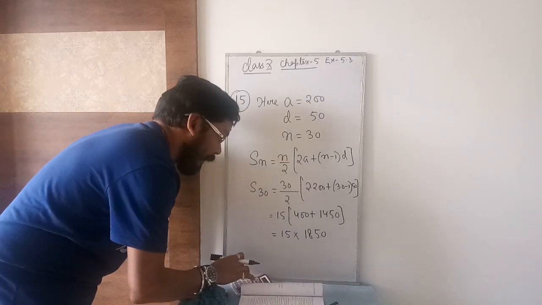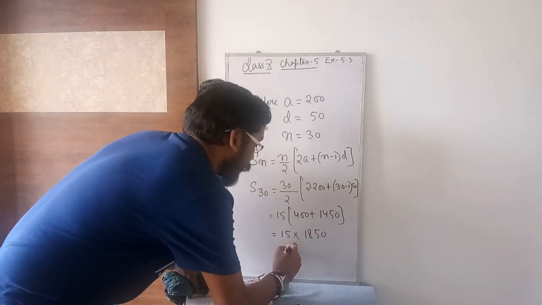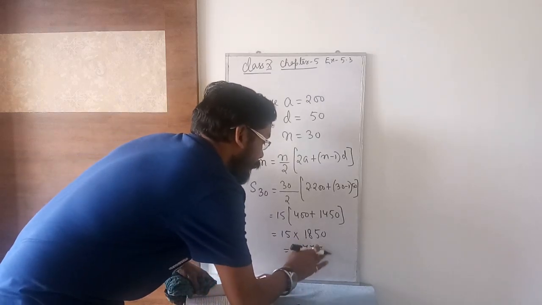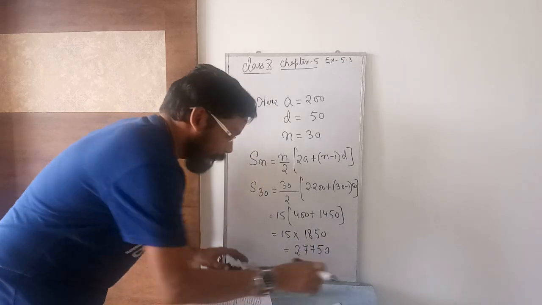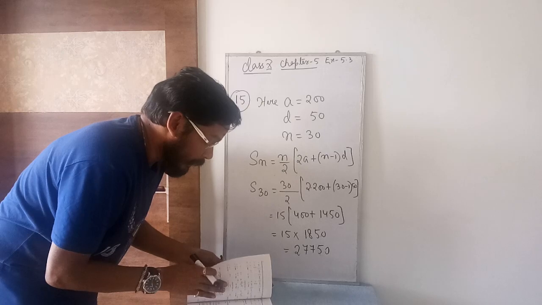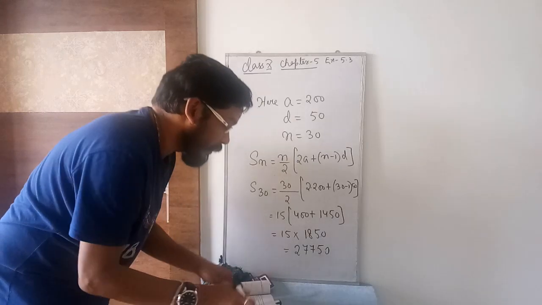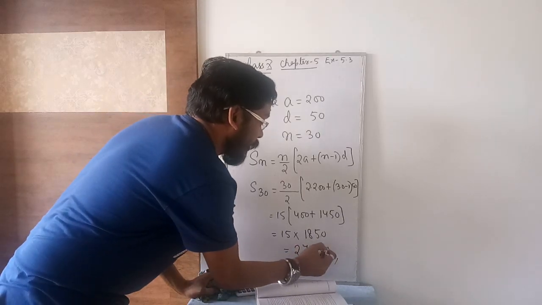If you multiply by 15, you will get 27750. Hope it is correct. Let me see it. 27750. So this is the penalty which you are going to pay if you finish the work after 30 days.